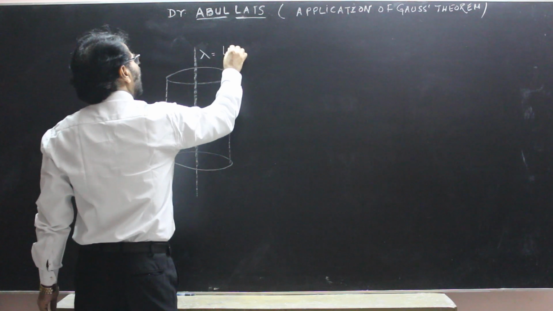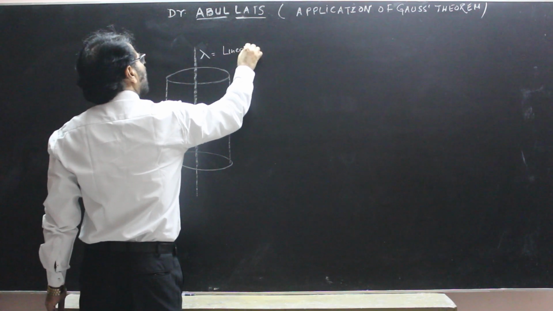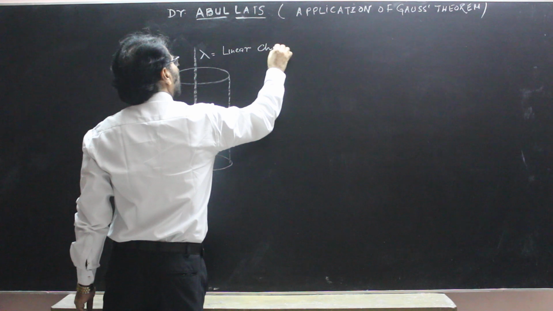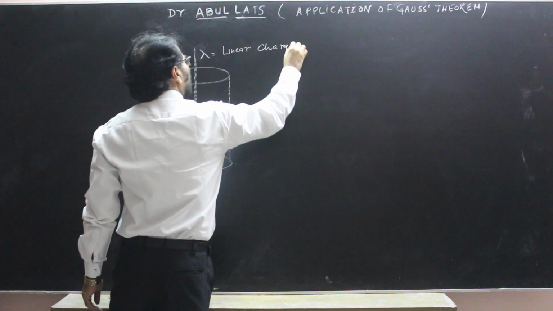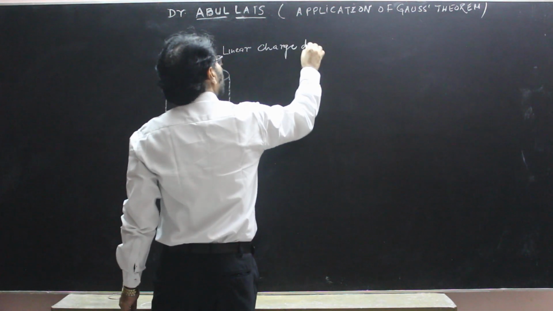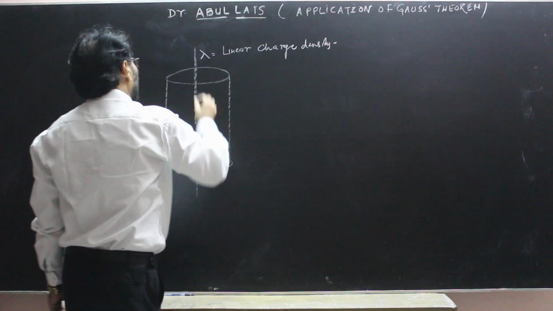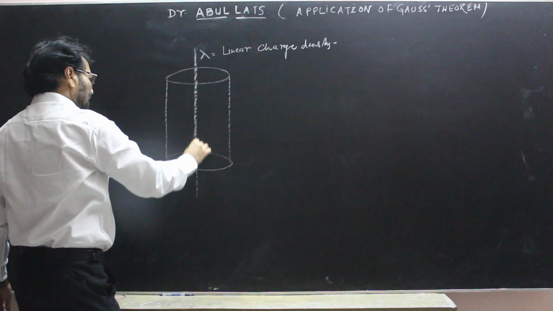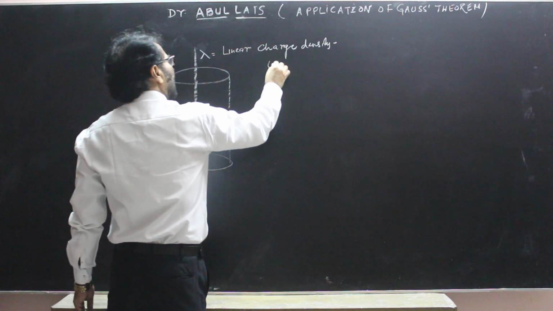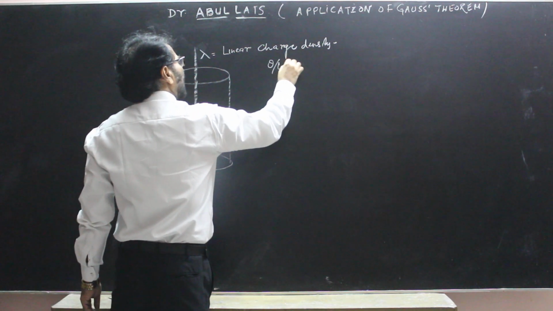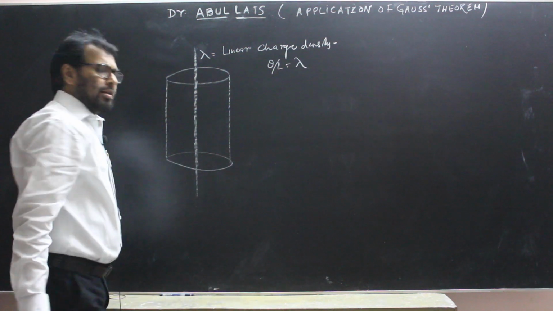Lambda is linear charge density. Linear charge density means if the length of the rod is L and Q charge is given, Q by L is called linear charge density.